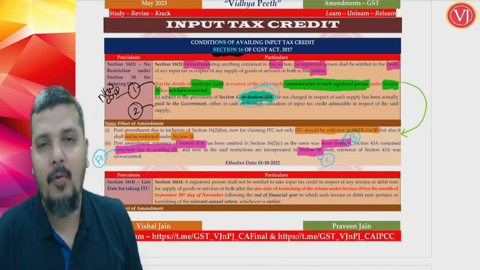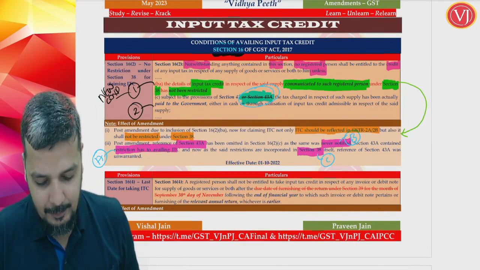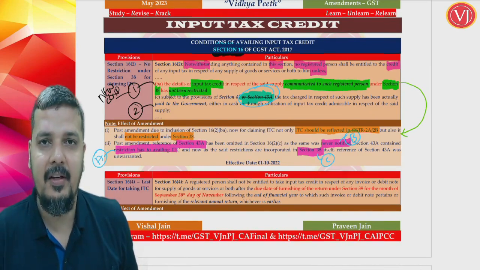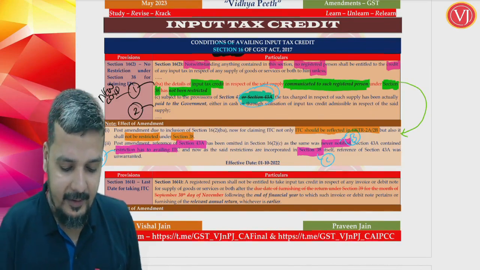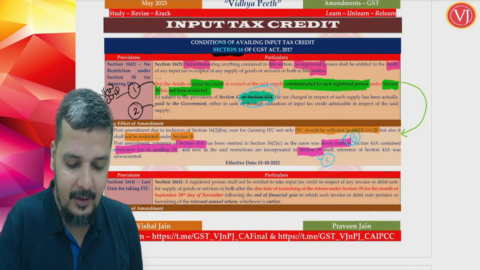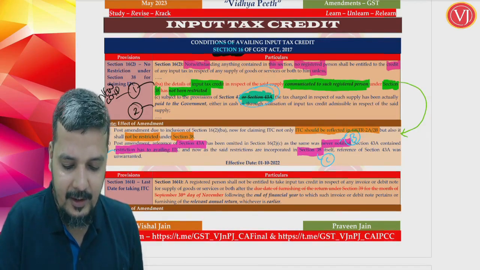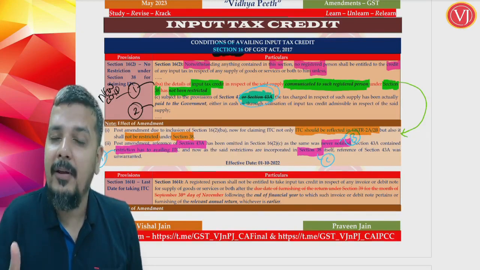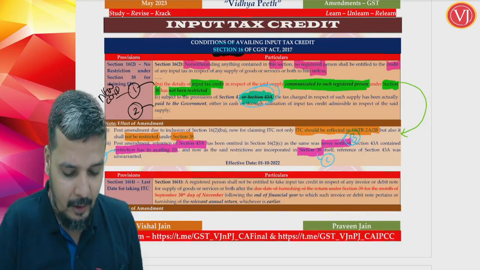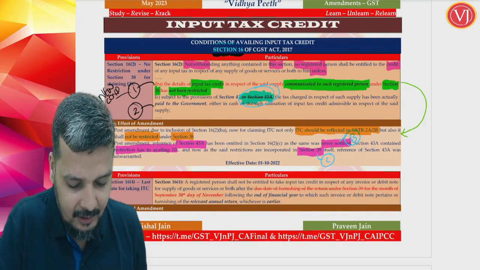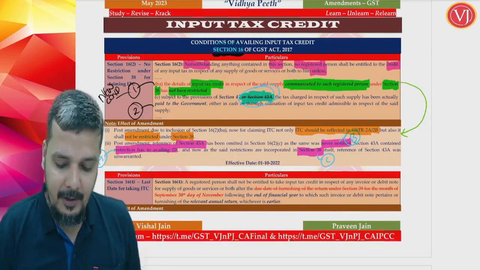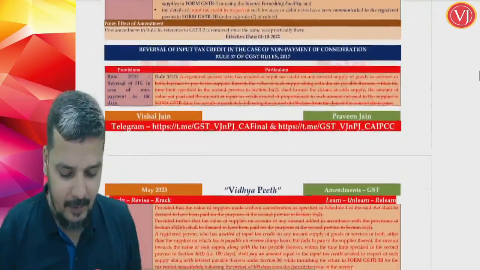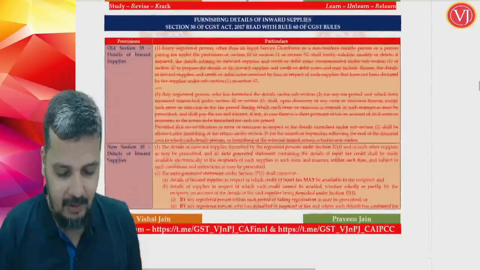Before we move on to the other provision given below, section 16 subsection 4, we will understand what section 38 is, because the first condition tells that you should ensure you get the credit in GSTR 2A/2B, and that it is not restricted under section 38. So it becomes extremely important for you to understand what section 38 is.